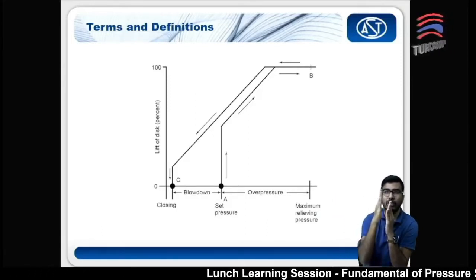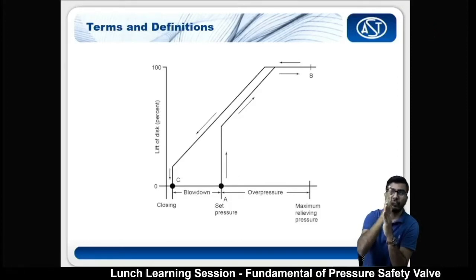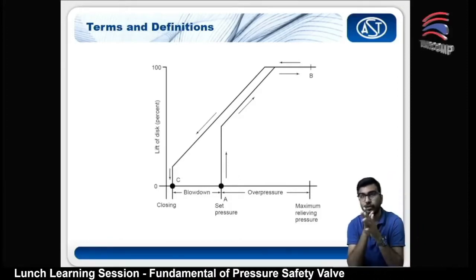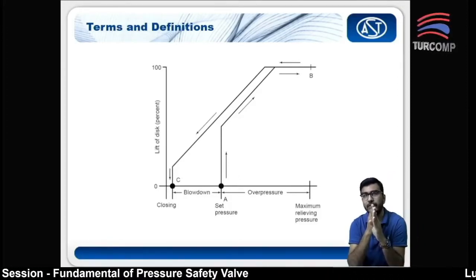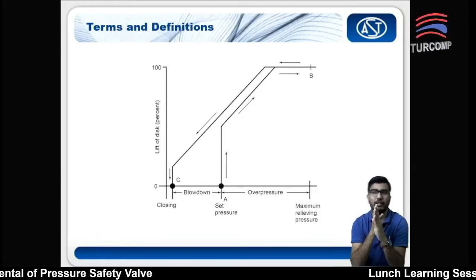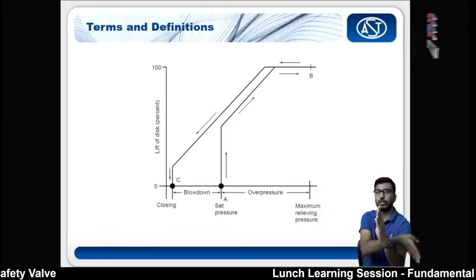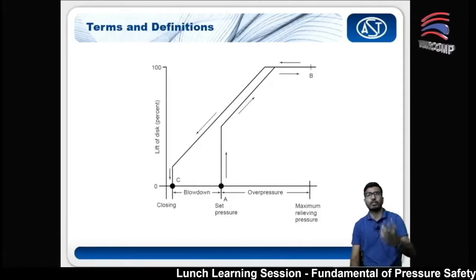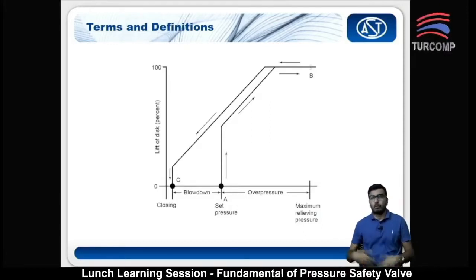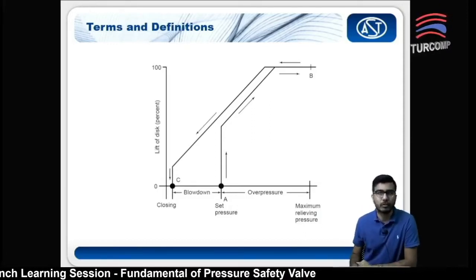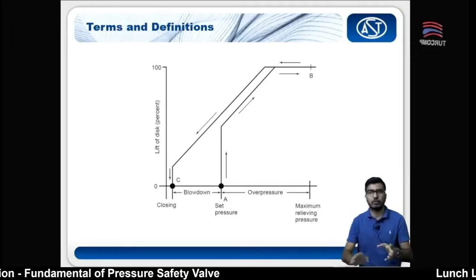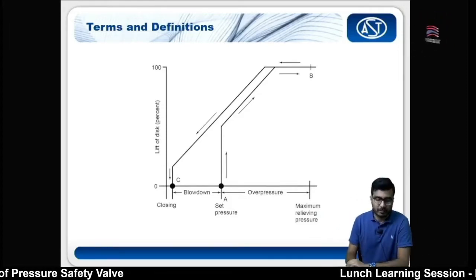It will move to your left, then it will decrease even more, then it will go down. Meaning to say from the set pressure, let's say 10 bar, when it goes lower, it will go down to the blowdown pressure, which is the normal operating pressure, probably around 5 bar. So this is how it goes and moves on a valve.